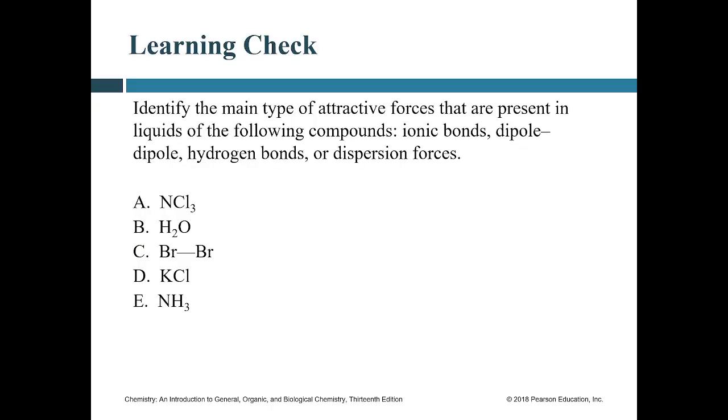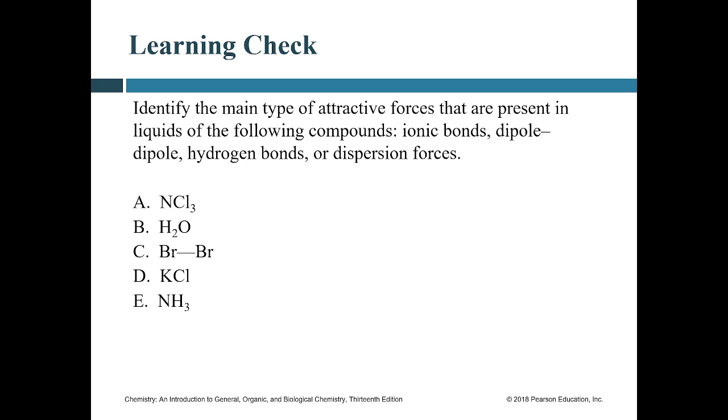Identify the main type of attractive force present in liquids of the following compounds: ionic bonds, dipole-dipole, hydrogen bonds, or dispersion forces. Now, the big hint for ionic bonds right here is, if you have ionic bonds, you have to have an ion, don't you? Those are going to always be ionic compounds.